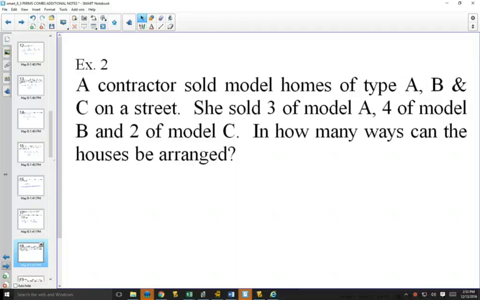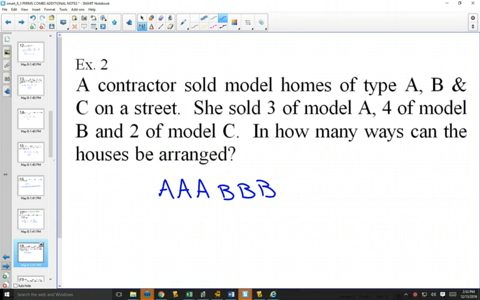Well, again, if you can represent things with letters, then you can think of it as a Mississippi question. Now, how many letters do we have? 9. That would normally be 9 factorial if all the houses were different, but we have to divide by 3 factorial, 4 factorial, 2 factorial.